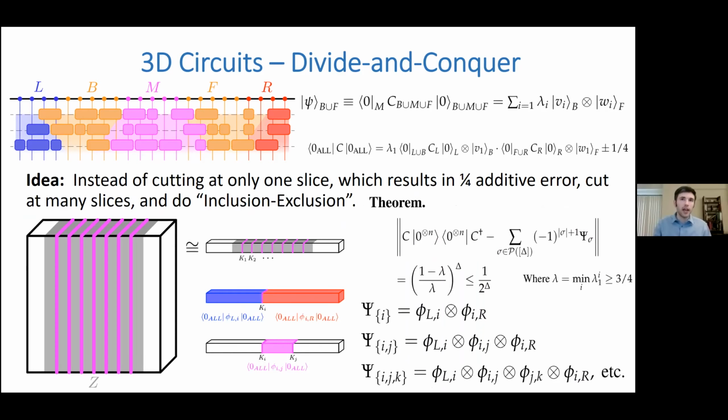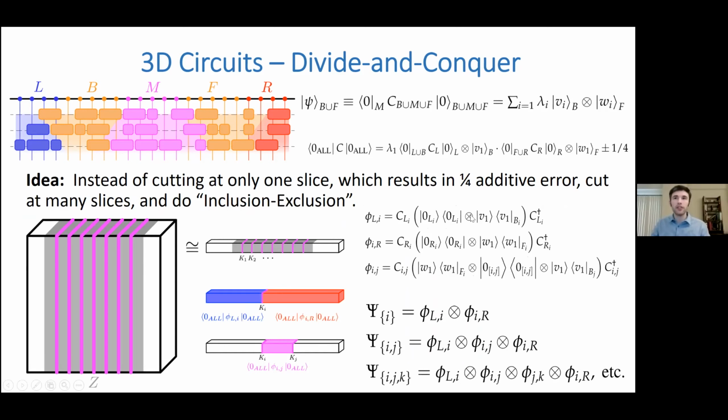I'll go through this relatively quickly, but the theorem statement here is that the quantity we care about the most, this density matrix of C acting on all zeros, the original circuit, can be approximated by a big sum of density matrices psi. Those density matrices psi themselves are comprised of density matrices phi, and the density matrices phi can be constructed using the Schmidt vectors across various cuts with geometrically local constant depth quantum circuits.